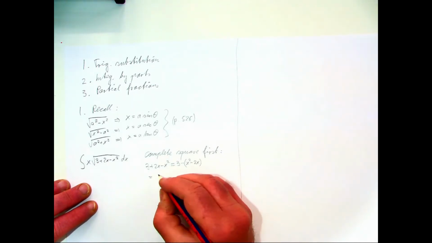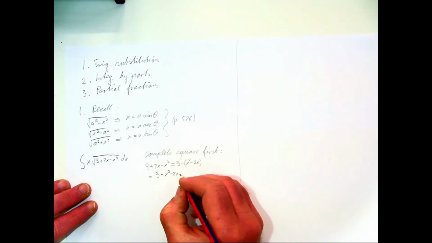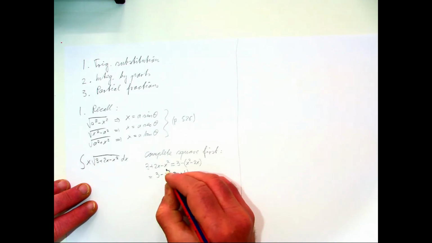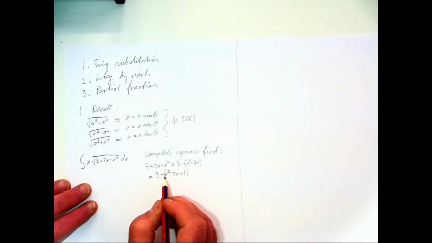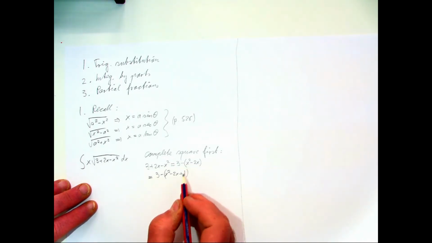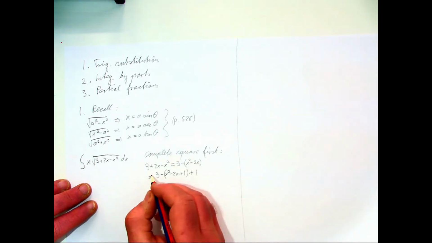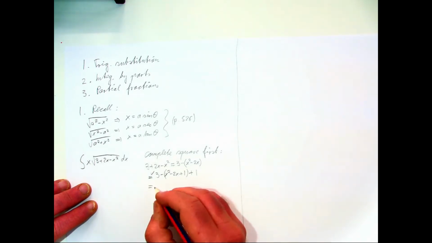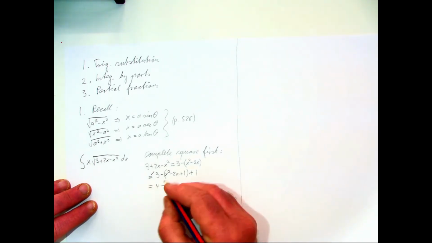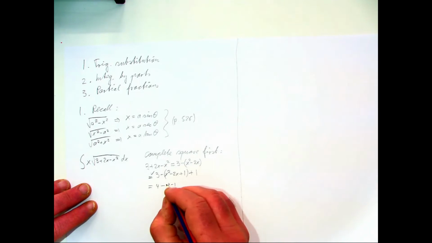Well, I can write 3 minus x squared minus 2x plus 1 in brackets, but then, of course, the equality would not be right because the right-hand side is 1 smaller than the left-hand side, right? I'm subtracting this 1 here, so I need to add it here, and now we really have equality. And I take that 1 together with the 3, and then it is 4 minus this term in the brackets, which of course is x minus 1 squared.